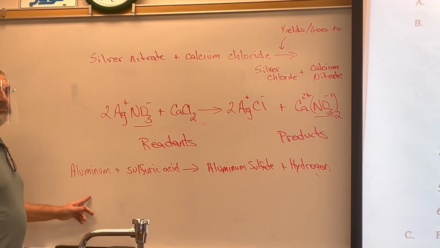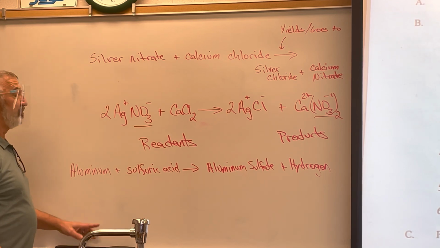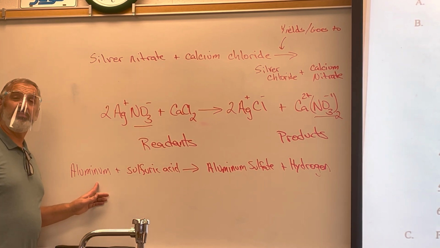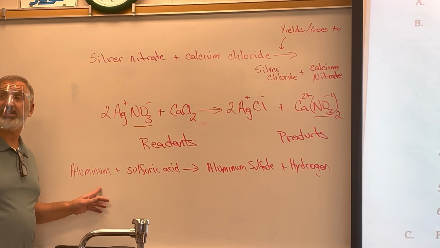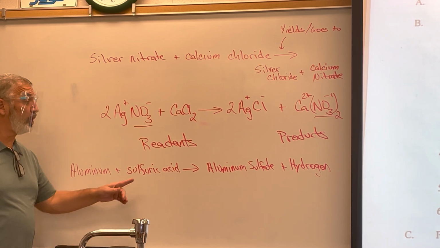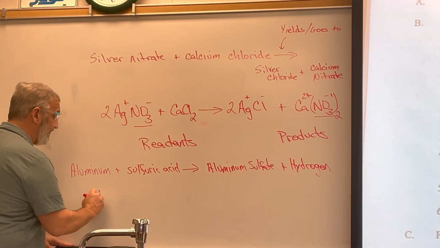So what's aluminum going to be? Well, it's going to be Al, but this is just aluminum metal. So it's just going to be Al. Elements in their natural state, when they're pure, are all neutral. They're only going to have a charge when they're combined with something. Okay? So it's just going to be Al.